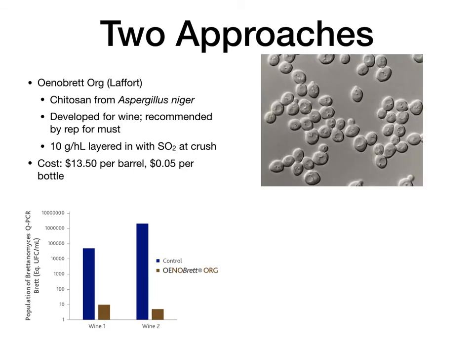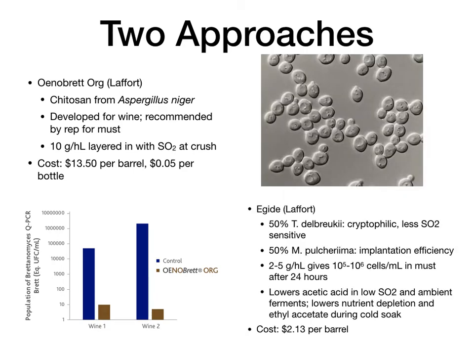The second product that we decided to use was Agide, which is a non-Saccharomyces yeast product, also sold by Lefort. And this is actually a 50-50 blend of Torulaspora delbrueckii and Metschnikowia pulcherrima. And we saw examples of both of those in Dr. Osborne's work. The way that this was explained to me by the company was that they have this mix because they have different strengths.